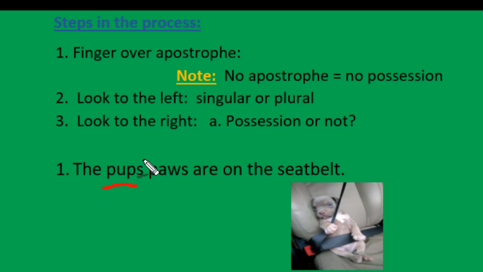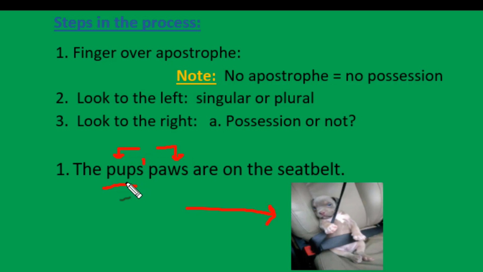Let's try it here. Now, when we put an apostrophe S in here and quickly look at the picture, let's see if it makes sense. Put your finger over the apostrophe. Now look to the left. Is it singular or plural? Pups. It's plural. The pups possess their own paws.